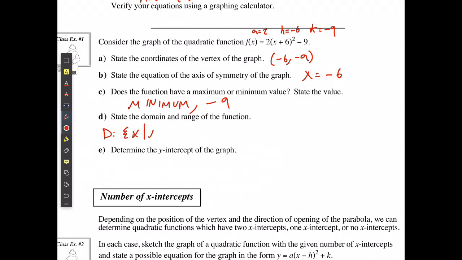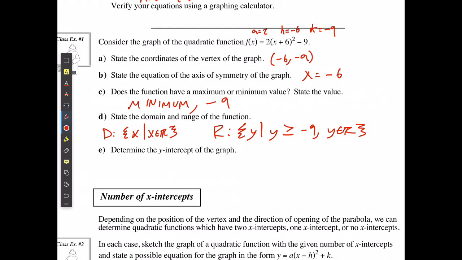It's just x, where x is an element of the real numbers. It keeps going to the left, keeps going to the right, no issues there. The range, I have to be more careful with. The range is going to be y, where in this case it's got a minimum, so y has to be greater than or equal to the minimum value, negative 9, where y is an element of the real numbers.